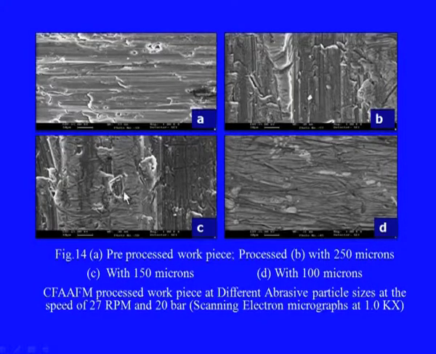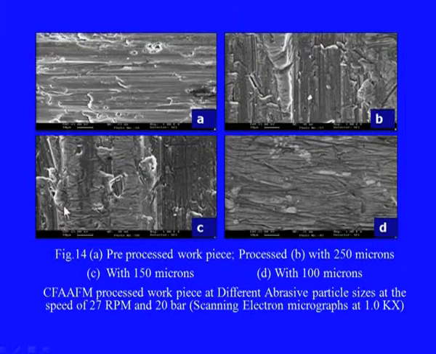These are some of the results obtained through this centrifugal force assisted abrasive flow machining. Here, this is the pre-processed workpiece as we obtained, and then this is processed with 250 micron abrasive grades.